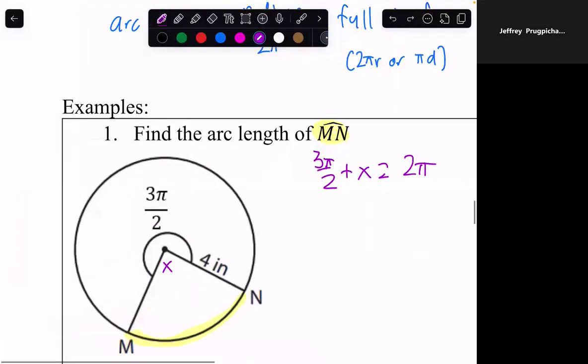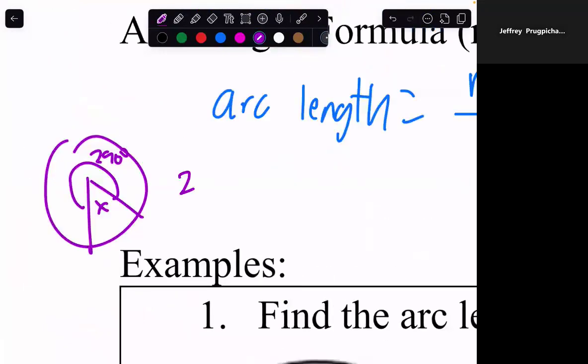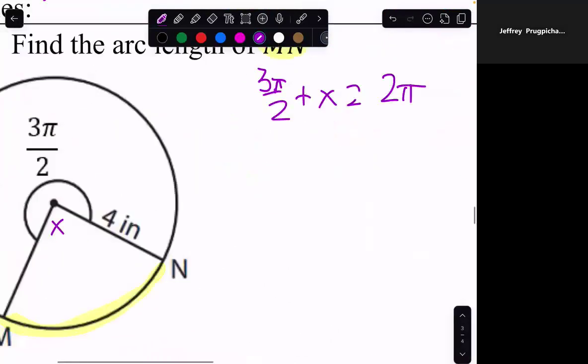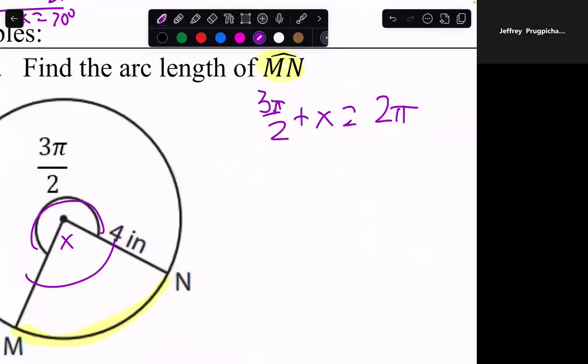Just like if in a different problem I told you that this is 290 degrees, you would say 290 plus x equals a full 360. So it's the same idea here, except instead of adding to 360, they add to 2 pi.